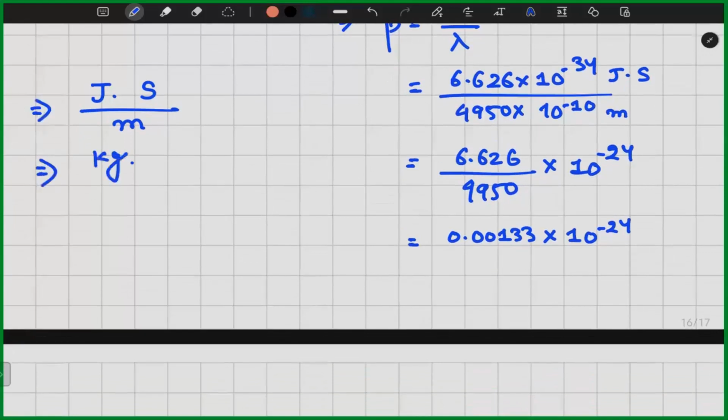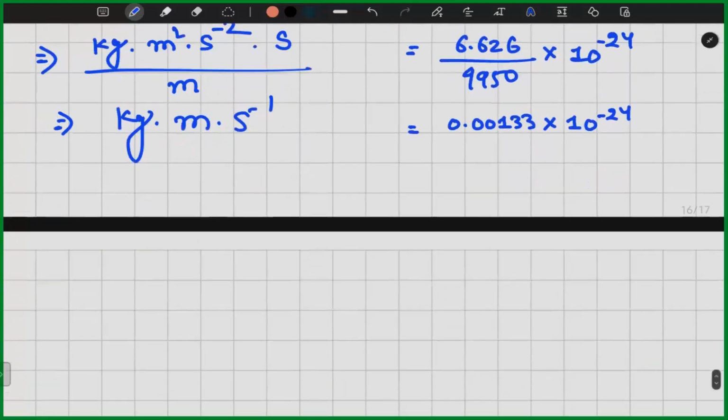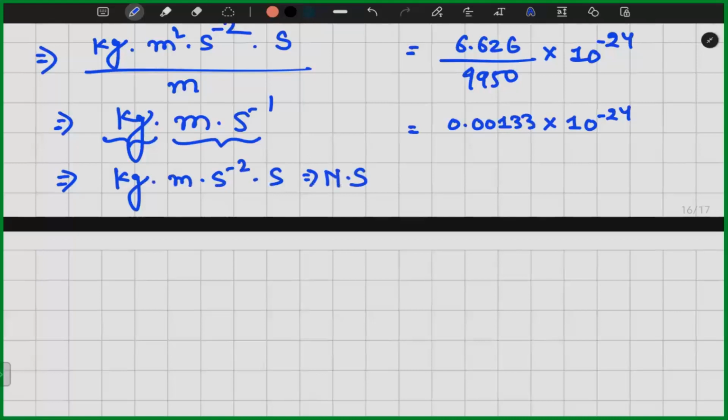Joule is kg meter square second to the power minus 2, second divided by meter. So it will be kg meter second inverse. So this is mass and this is the velocity. We can also write this like Newton second, but that is not required.